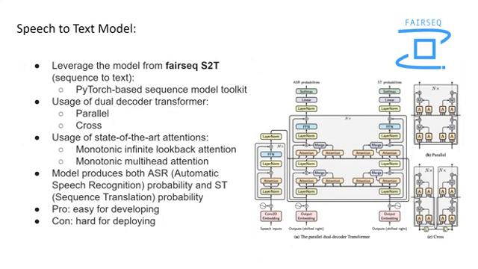Here is the method of our entire system. The first thing is speech recognition, as we spoke about before. The model we use is called Fairseq S2T, which is a PyTorch sequence model developed by Facebook. Since it is a PyTorch framework, but we are deploying our system on Google Cloud, it might face some difficulties on deployment, but this model is pretty easy for development.